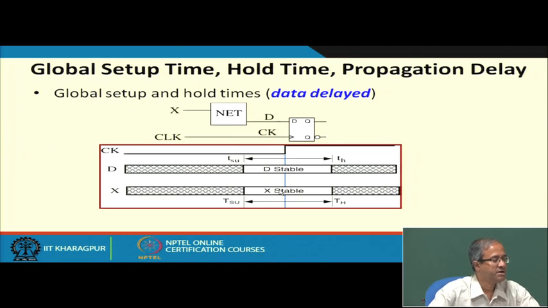So, assuming that the delay of this network is 0, the data x must also be stable from here up to here, but because of the delay of this network it has to be stable a little earlier. Okay.